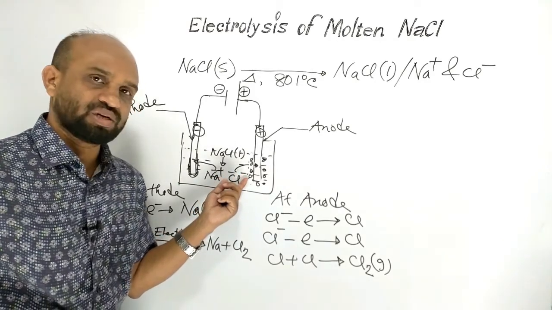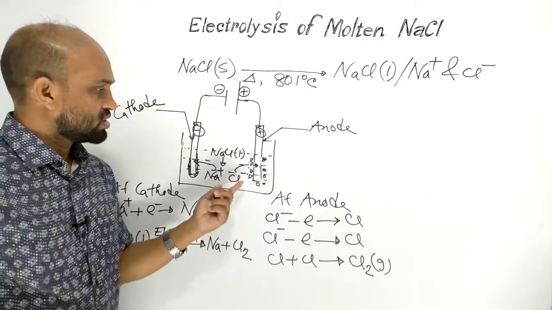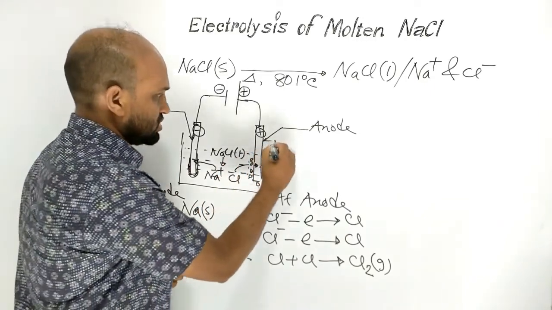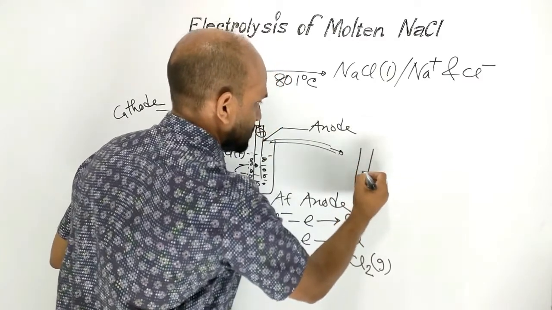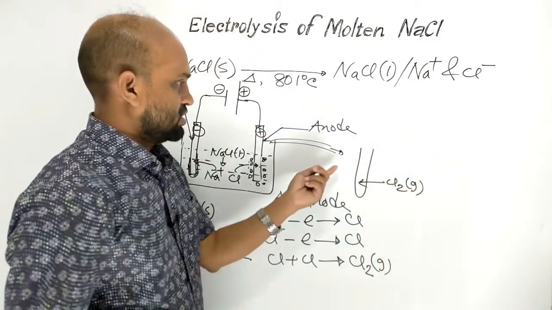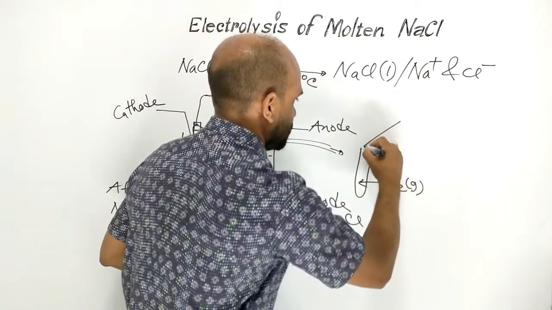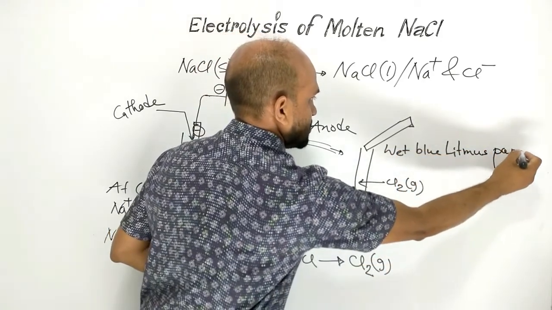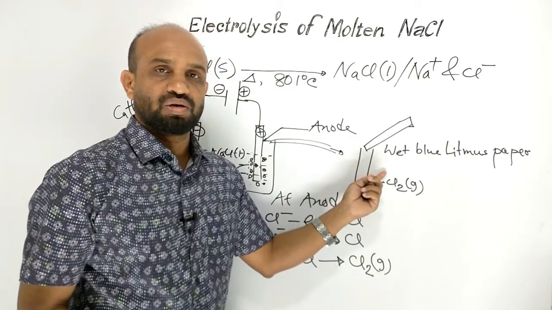If the arrangement is of a different type so that chlorine gas is collected easily, then this chlorine gas is taken to a test tube, and at the mouth of this test tube, wet blue litmus paper is held.